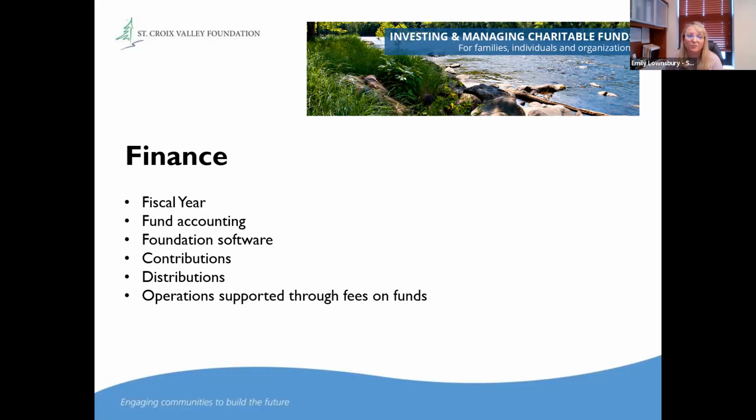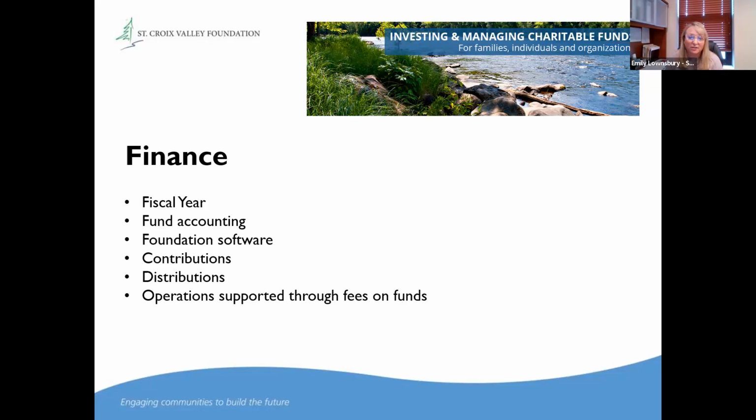We have foundation software called Foundant, which, well, it's not really new anymore, but we implemented it in July of 2021. That gives us really great ability to interact with our donors and fund holders using real-time data. We can provide quarterly fund statements, which upload to the portal. It really gives us a lot of real-time accessible data for our donors and our fund advisors.